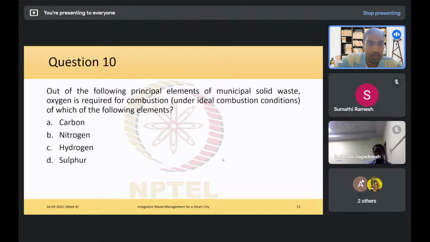Okay, you have one answer, A and C. What about nitrogen and sulfur? Okay, option A. Everyone agrees that carbon needs oxygen, but what about the other elements?